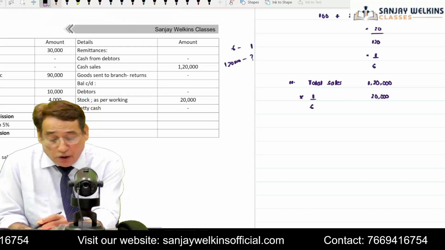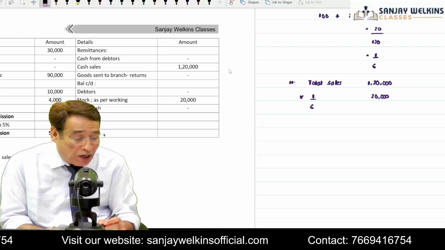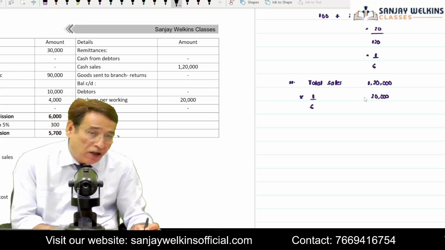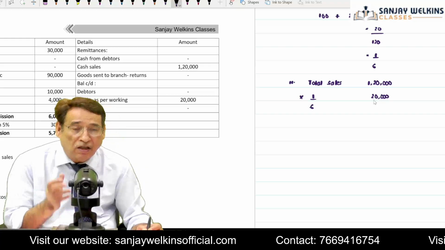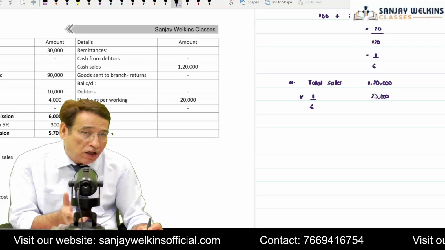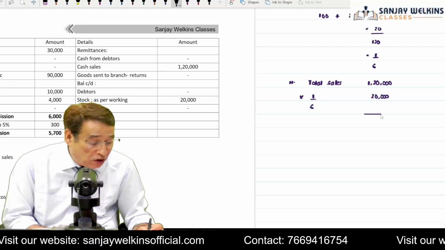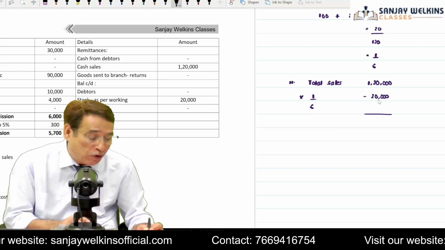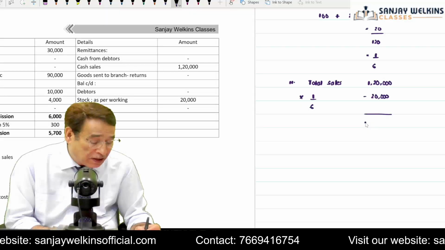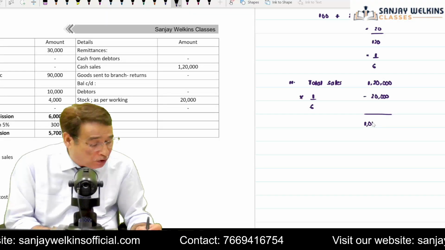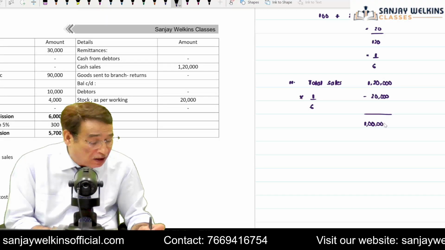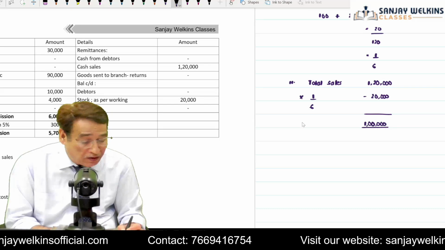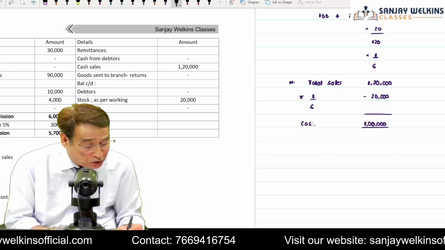So my point here is that by applying this rate, you have figured out exactly the amount of profit which is included in the sale amount. When you deduct this amount, 1 by 6 of 1,20,000, that is 20,000, we may say that the cost of the goods sold is equal to 1 lakh. This 1 lakh will be your cost of goods sold.